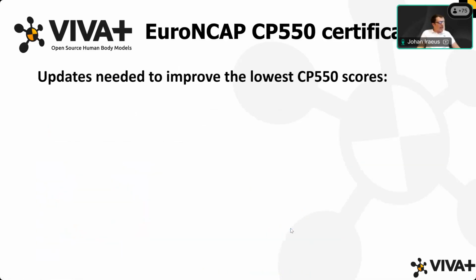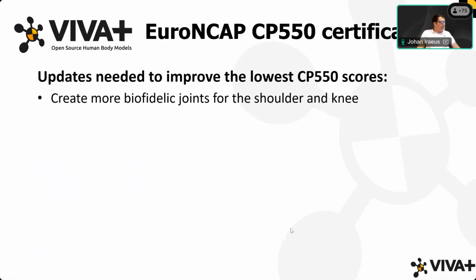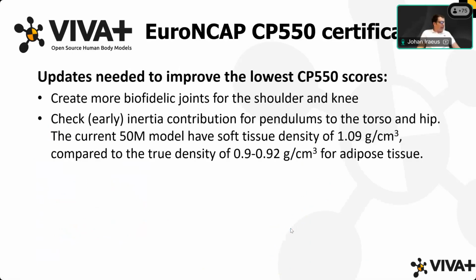So the updates we see that we need to improve the lowest scores are to create more biofidelic joints, shoulder and knee, and to check this early inertia contribution, because I think it's mainly inertia that gives us these initial humps to the torso and the hip.